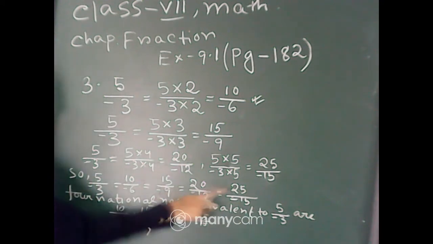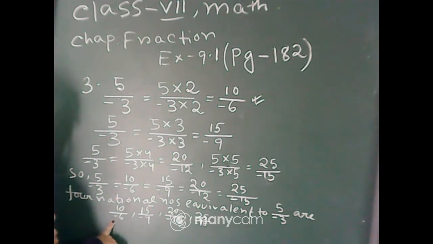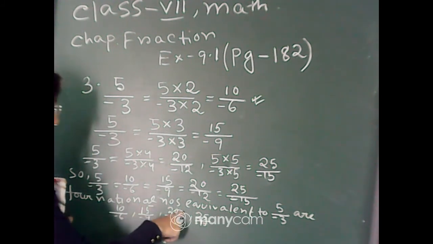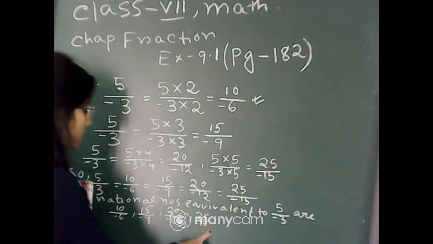So, 4 rational numbers equivalent to 5 divided by minus 3 are 10 divided by minus 6, 15 divided by minus 9, 20 divided by minus 12 and 25 divided by minus 15.